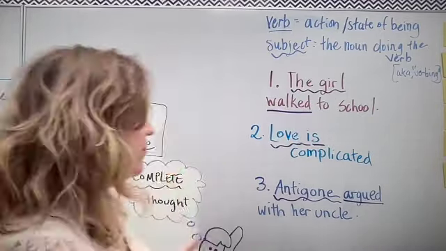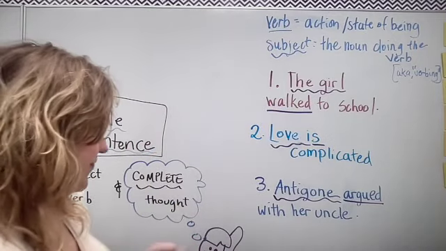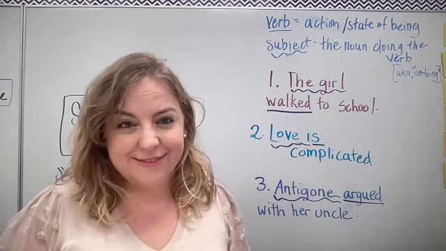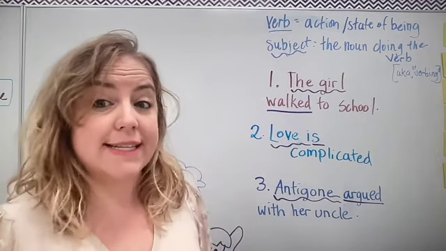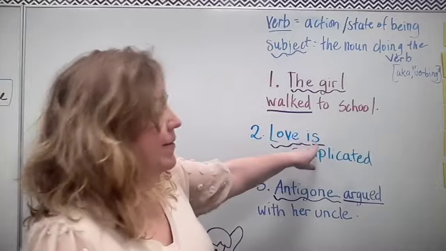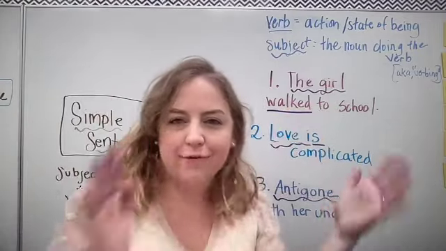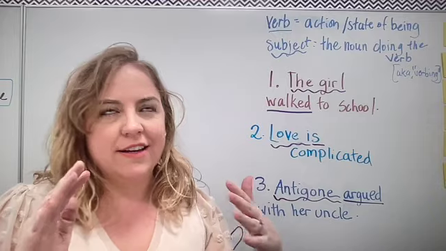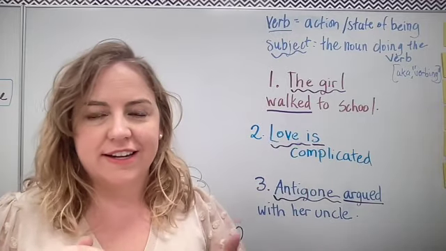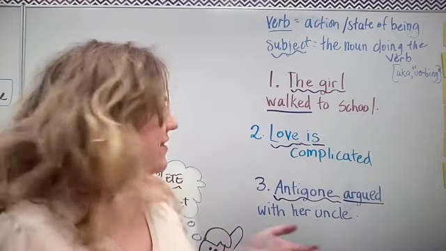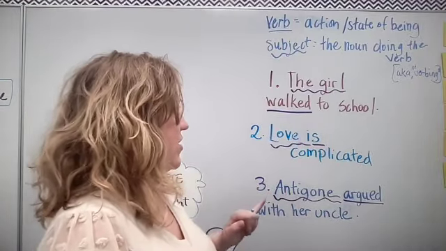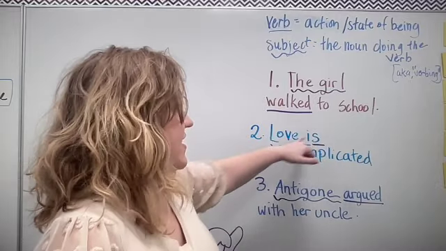Let's take a look at the second one. "Love is complicated." Is this a complete sentence? Yes, it's simple, but it's a complete sentence because I have a verb, is, which is a state of being verb. It's not action directly in the same way that swimming is action, but being is an action, right? So is is the verb, and love is the thing that is.